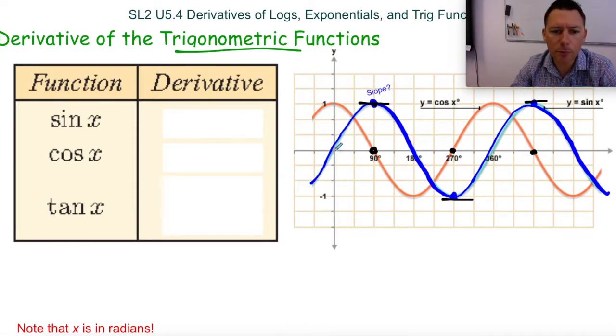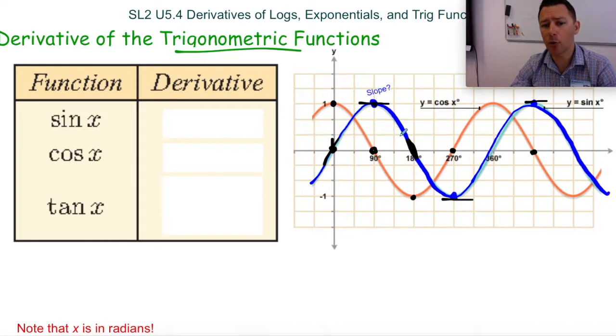And the slope here, if you looked at it carefully, is a 45-degree angle. And so the slope is 1 over 1, rise 1, run 1, and so its slope is 1. And here at this point, the slope is going downhill, and the slope is rise negative 1, run 1. The slope is negative 1.